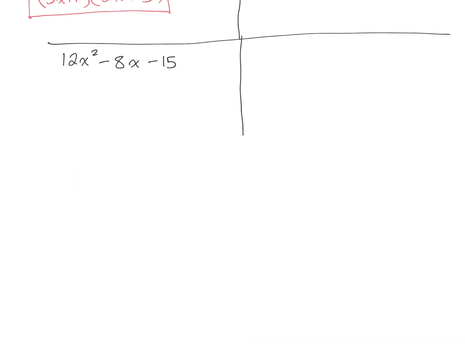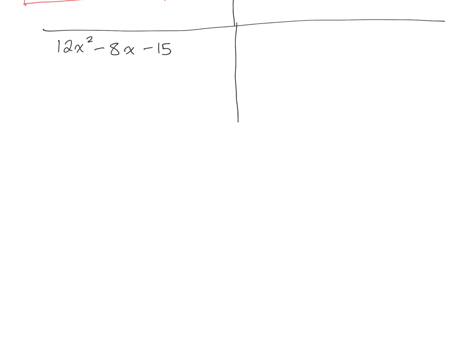So let's take a look at 12x squared minus 8x. 12 times negative 15 is negative 180.